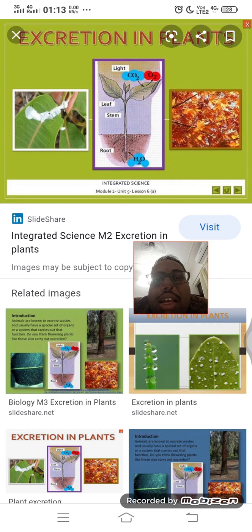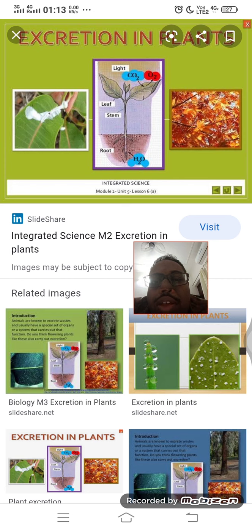In the same way, gums, all the secondary metabolites, gums, resins, and some of the plant materials which are not useful to plants, they will excrete out through this process. These are the main ways how plants do excretion.